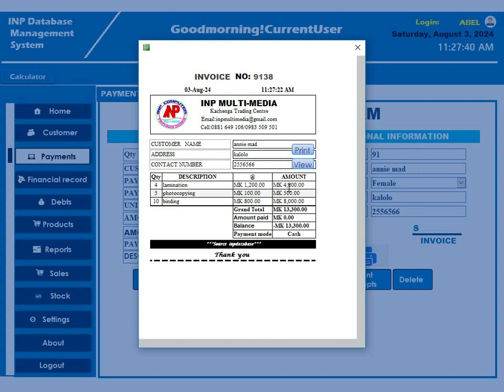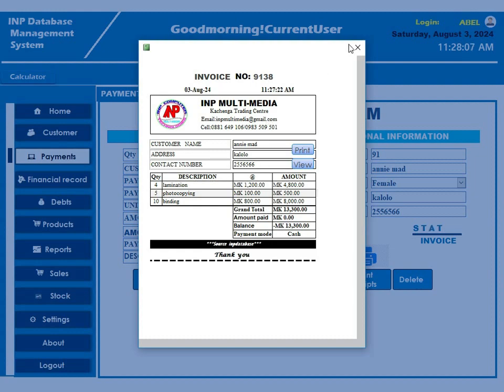The total amount, that's 4,800. Photocopying, that's 5 rather, and total amount, that's 500. Then binding, that's 10. Total amount, that's 8,000. Now grand total, that's 13,300.